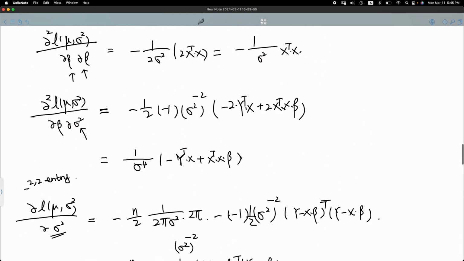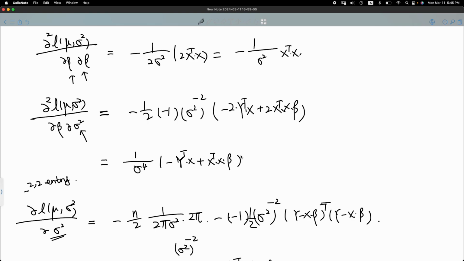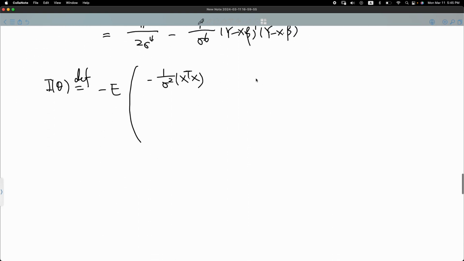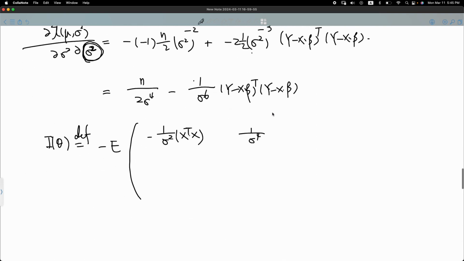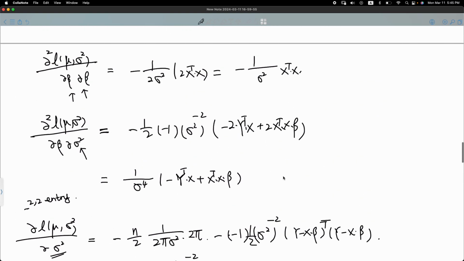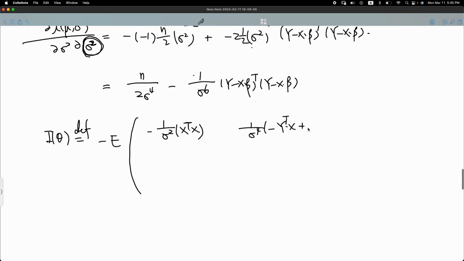And the 2, 1 and the 1, 2 entry should be this one: 1 over sigma 4 negative y transpose x plus x transpose x beta. And then you also have the same thing here.